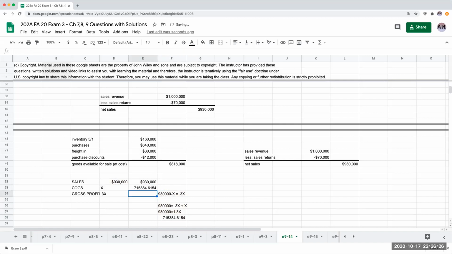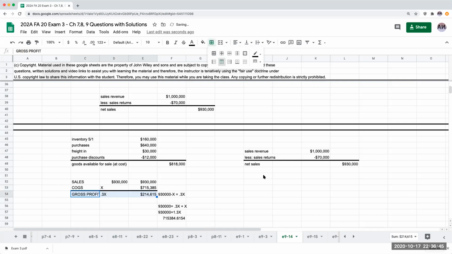Let's just make sure this makes sense. If I take this amount and multiply it by 0.3, I'm going to get that amount. So if this were my net sales, you've got net sales less cost of goods sold, and gross profit is 30% of COGS.